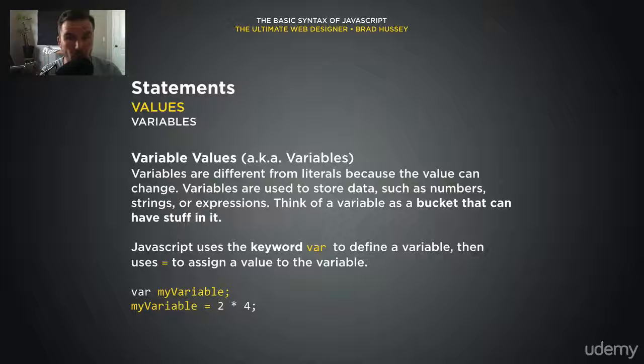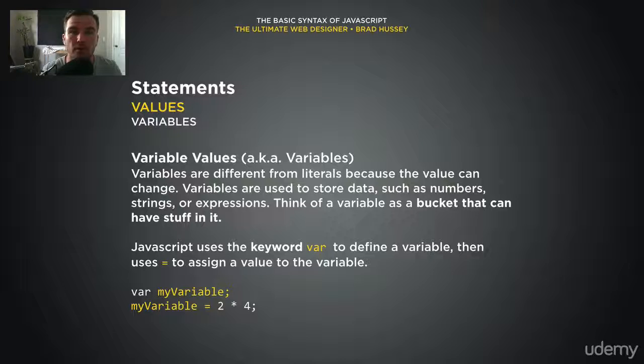JavaScript uses the keyword var, V-A-R, all lowercase, to define a variable, then uses the equal sign to assign a value to that variable. So an example here, var myVariable, semicolon, on one line, another statement, myVariable equals 2 times 4.